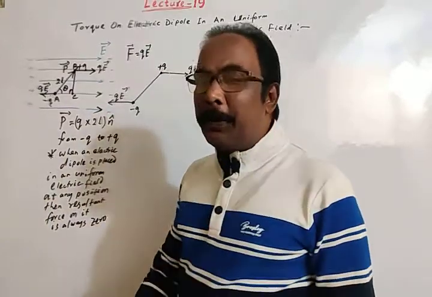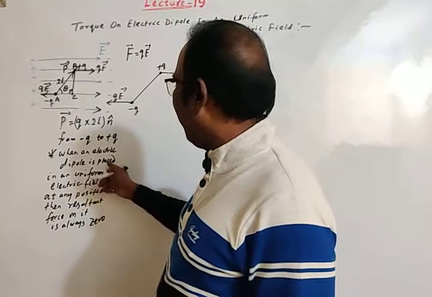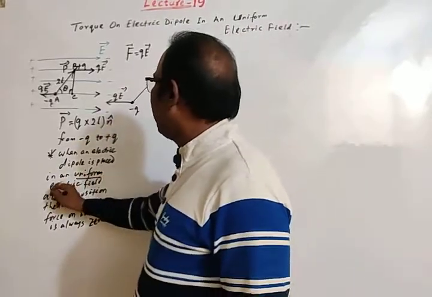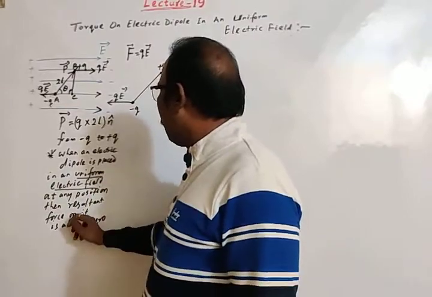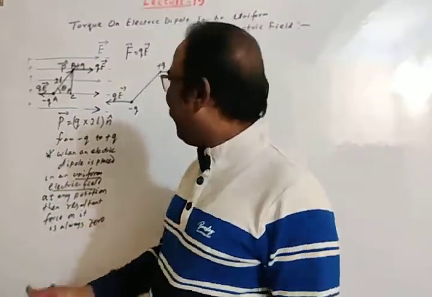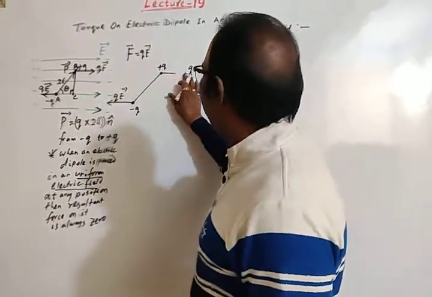This is the concept when an electric dipole is placed in a uniform electric field. In a uniform electric field, this is important. Then the resultant force on it is always 0. Okay, so in this case, resultant force is 0.